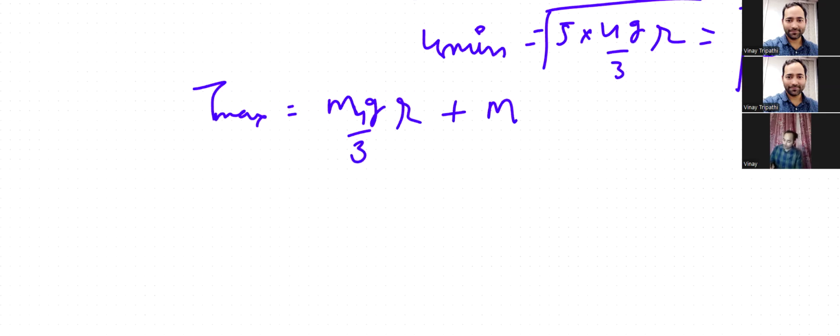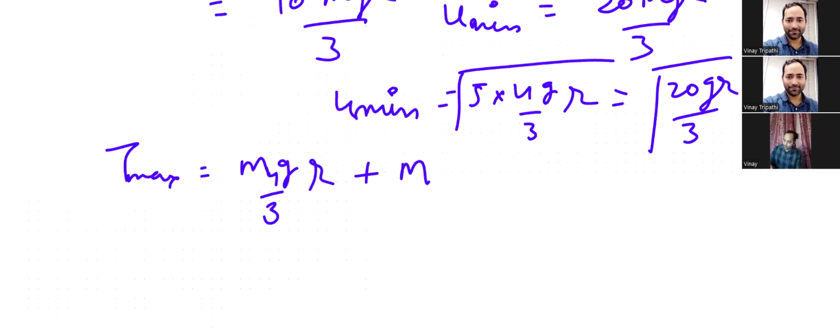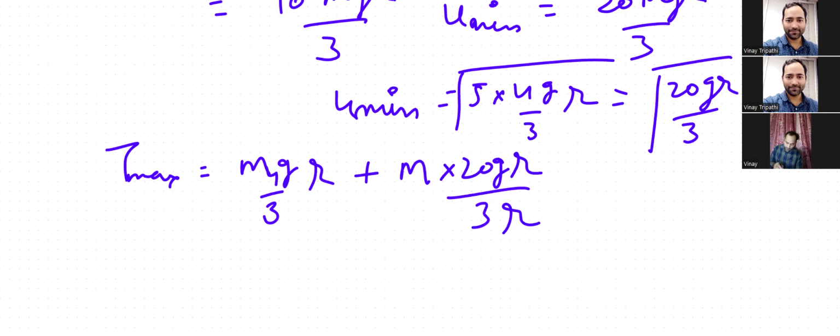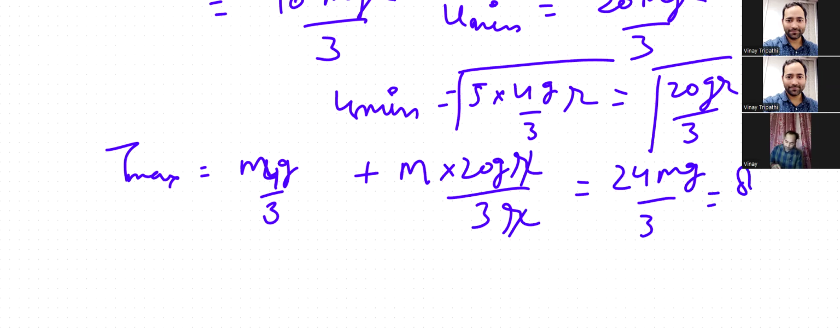Lowest point mv square by r, with v square 20 gr by 3. Okay, sorry. Here it is going to be just 4 mg by 3, right? So 4 mg by 3 plus 20 mg by 3, 24 mg by 3. This is going to be 8 mg. Okay. So which option matches with this one?